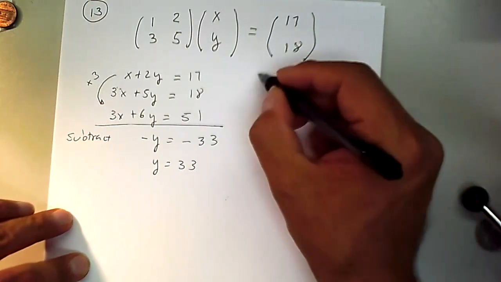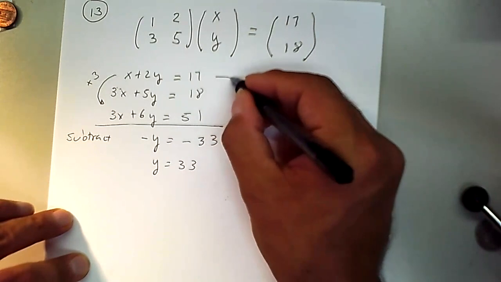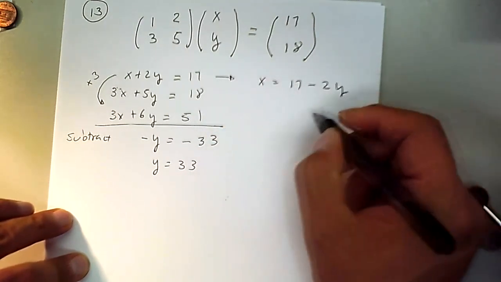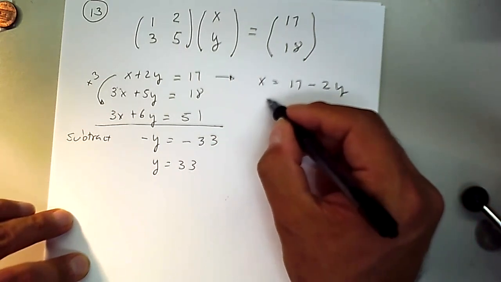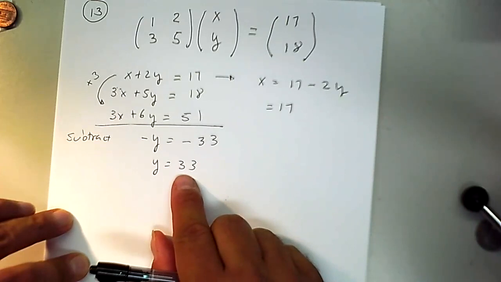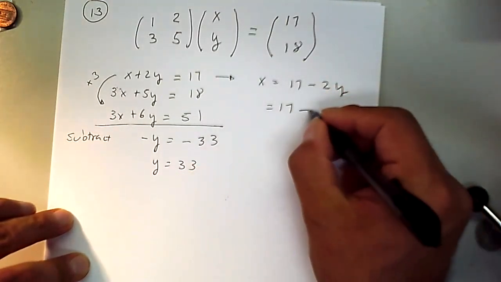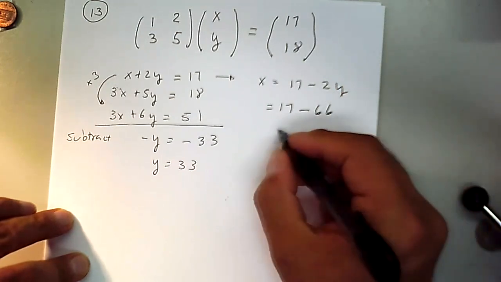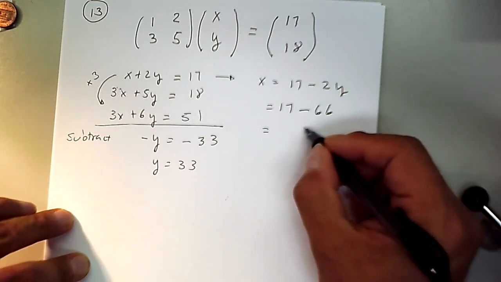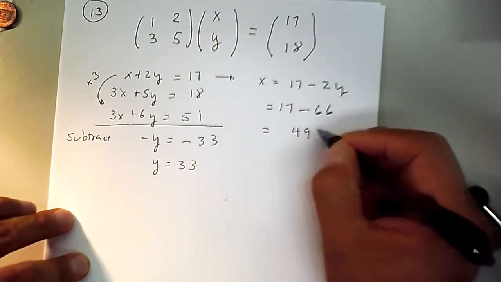And then we need to find x. So one way to go about that is to say, well, x is, from this equation, 17 minus 2y. So that would be 17, but we just realized y is 33, so 2y is 66. So we need to take away 66. So 16 minus 7 is 9. 5 minus 1 is 4.